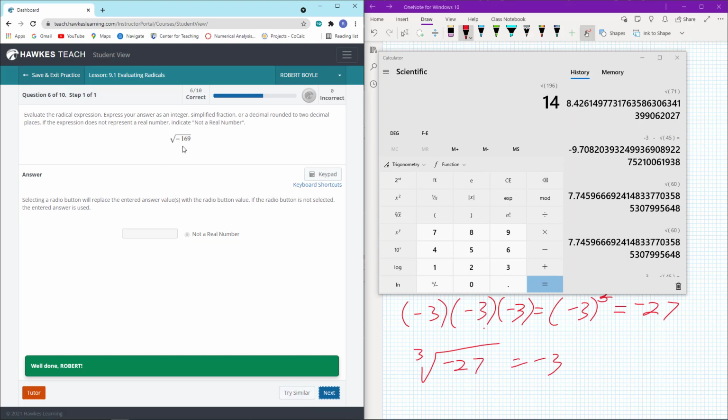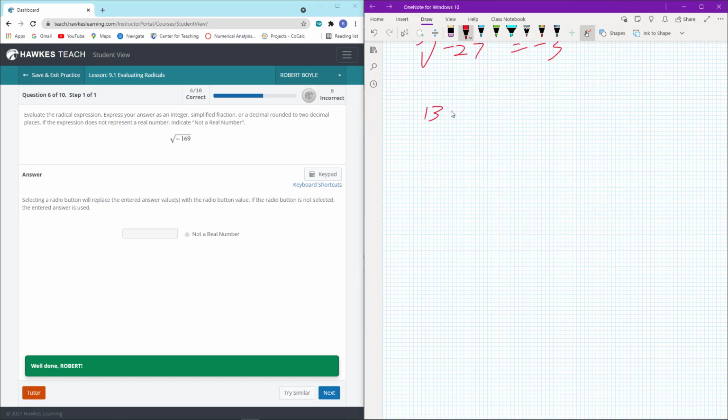That occurs whenever we have the square root of a negative number. Now it turns out that the square root of -169 happens to be 13i, where once again i is the imaginary number, and i is equal to the square root of -1.